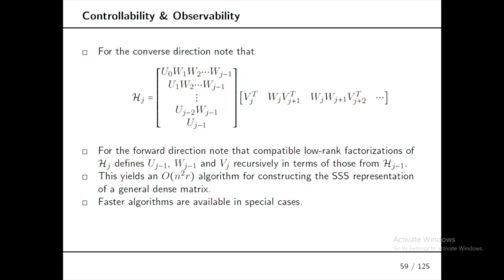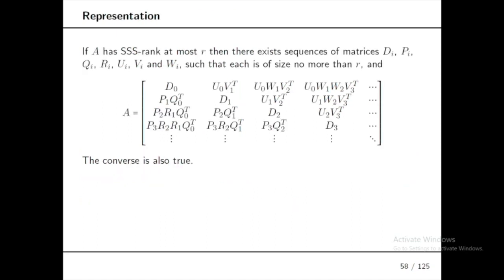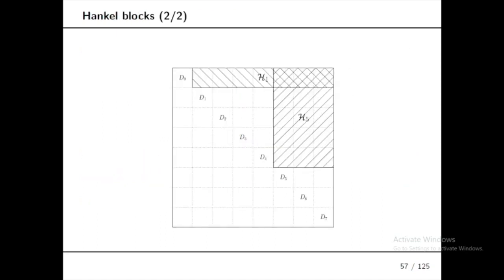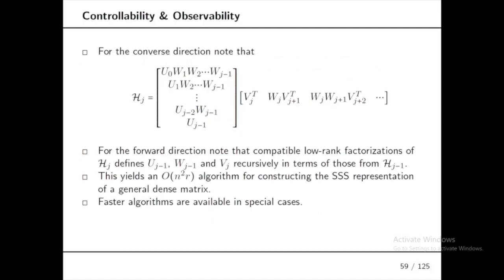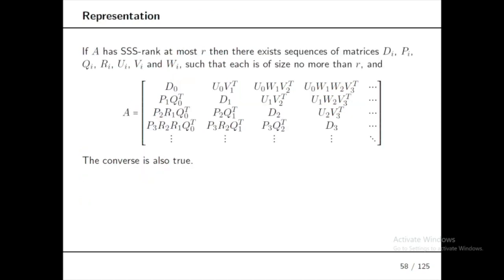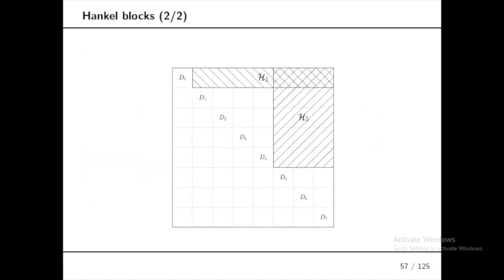This product form also tells you how to compute the representation. You have to stare a little bit. It's not what you think it is sometimes. Your first guess for computing this is usually wrong for most people. At least for me, it was wrong. What this tells you is that you have to do this recursively. If I look at the first Hankel block, H1, and its factorization, it will have U1 and nothing above it. So U1, for example, is the column basis of H1.